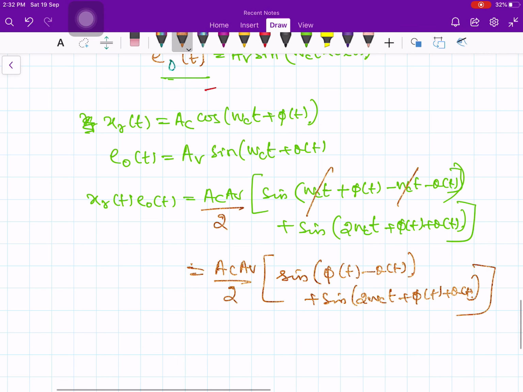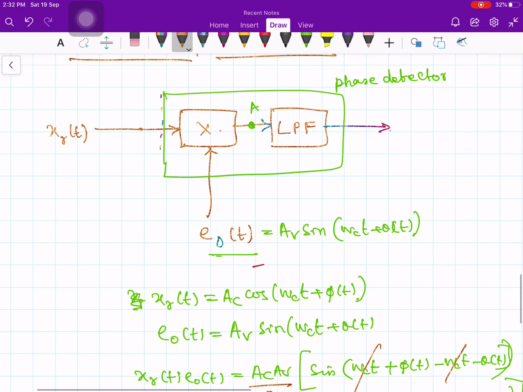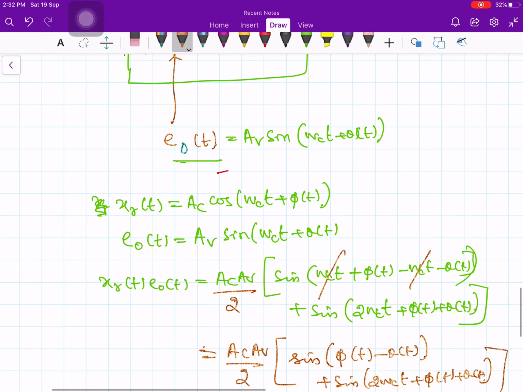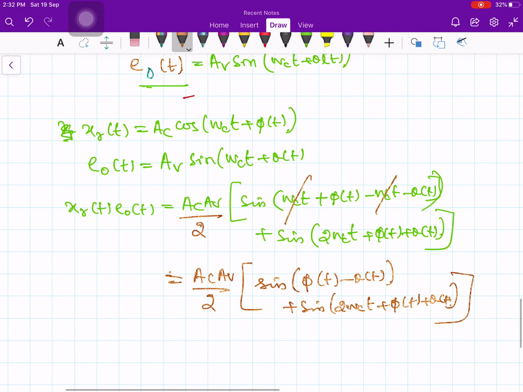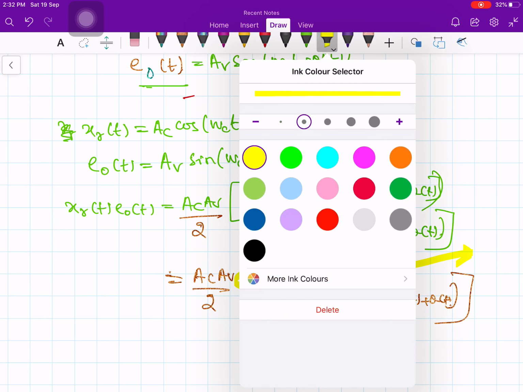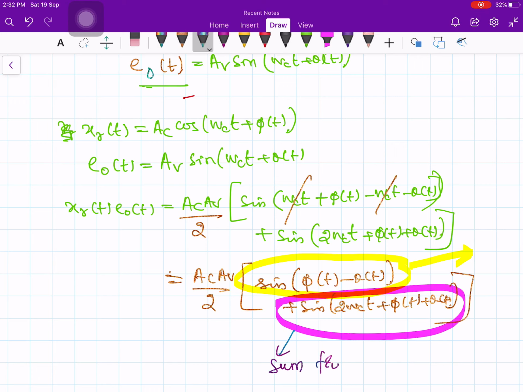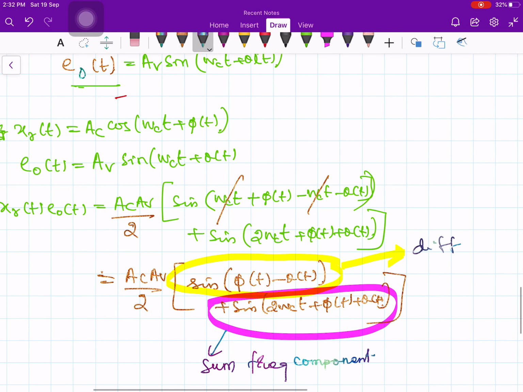Now in this, what will happen? You are passing this through the low pass filter. So at point A, I have two components: the sum frequency component as well as the difference frequency component. This one is the difference frequency component, and this one is the sum frequency component, because we are adding two frequencies.